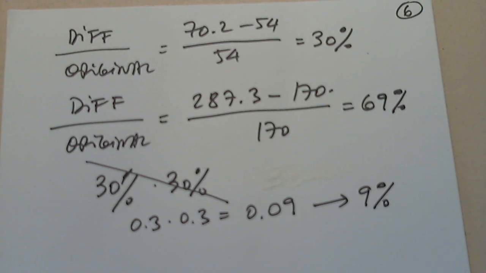Same thing with the unemployment. She lost 7% of her investment. She had this. So after she lost 7% of the investment, she had this. What was the original investment? We need to work on this.